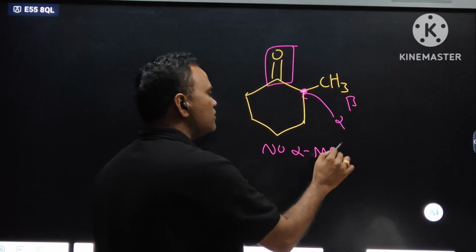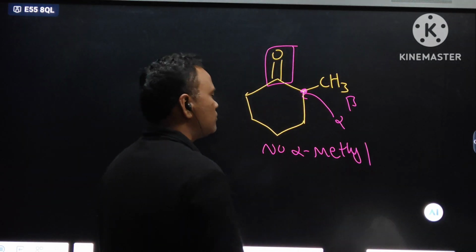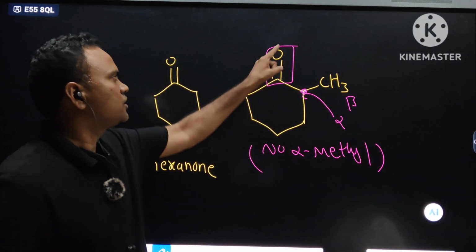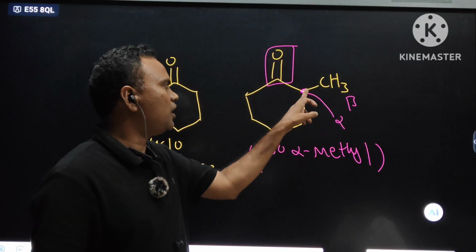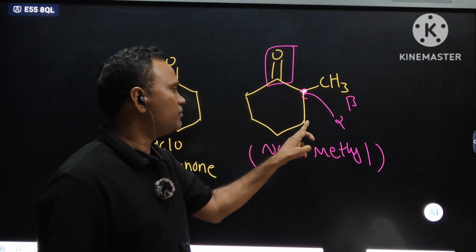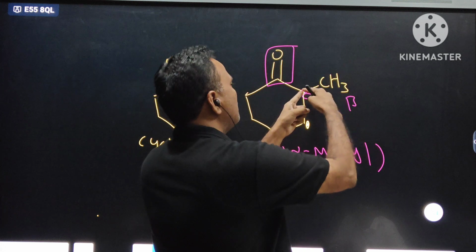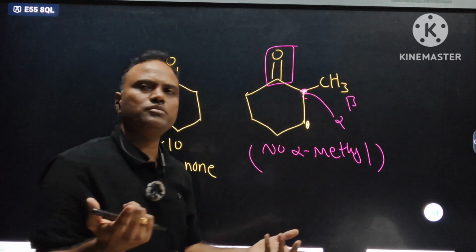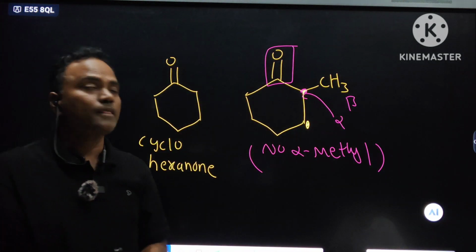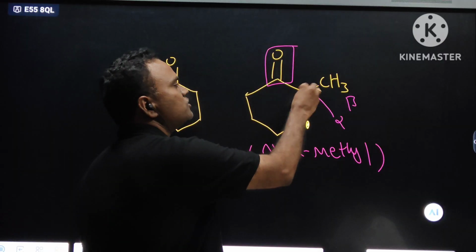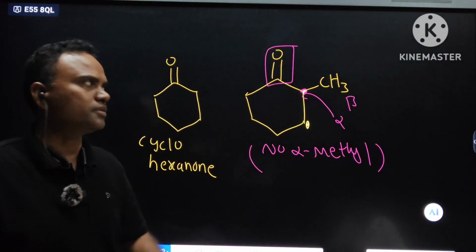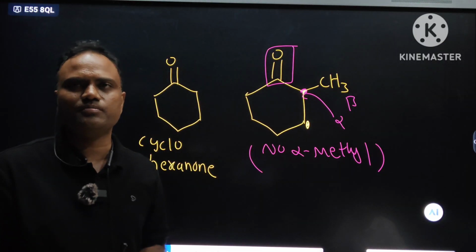It won't undergo the haloform test. Actually, see, functional group, alpha, beta, beta. 2 beta positions are possible. But exactly at the alpha position, there is no methyl group. Not possible with this example, cyclic examples.